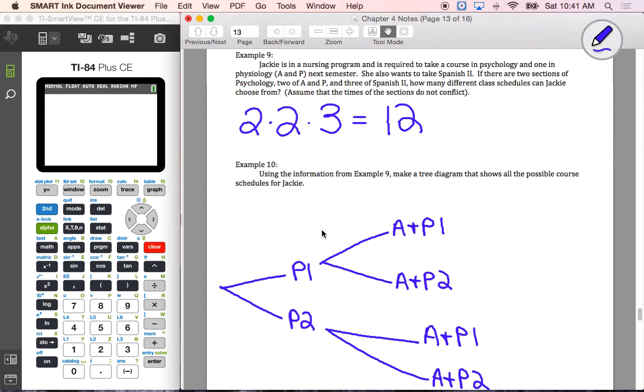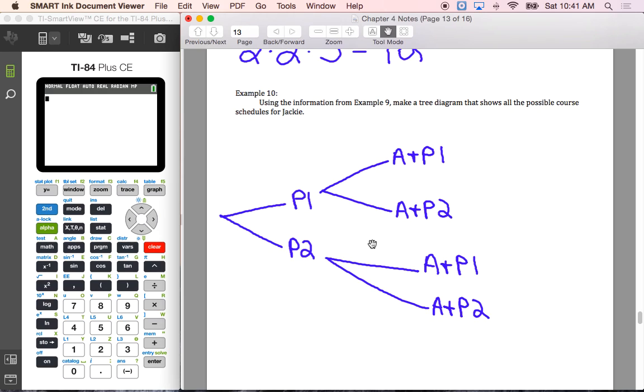Now the last thing we've got is Spanish 2. There are 3 options for Spanish. So I'm going to call it S1, S2, S3.